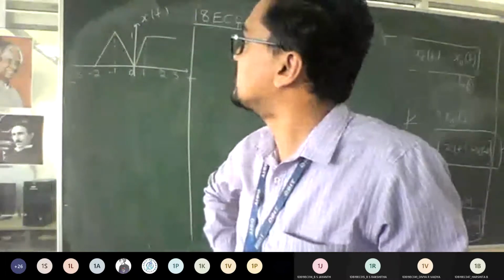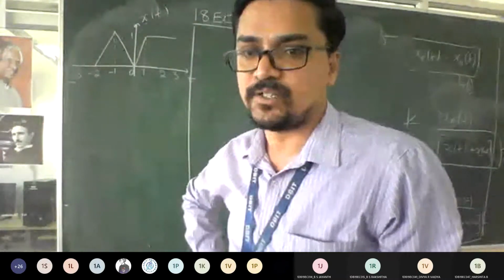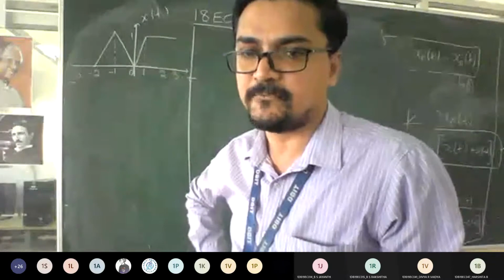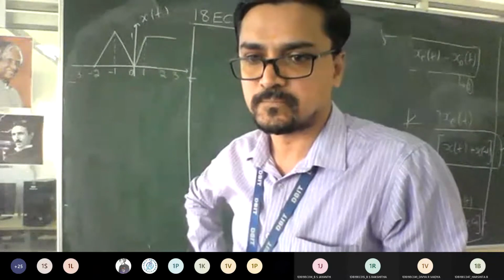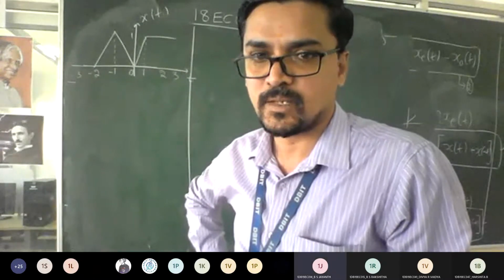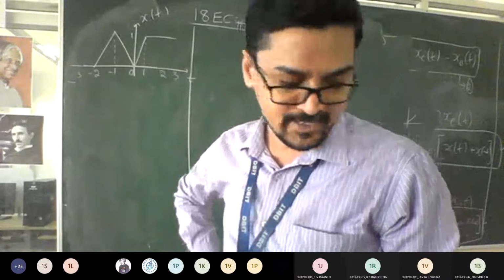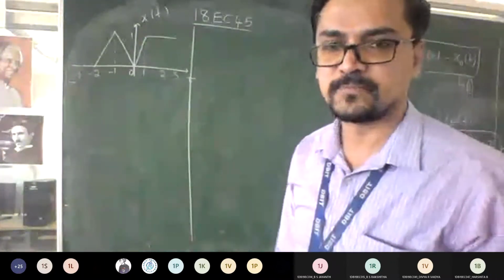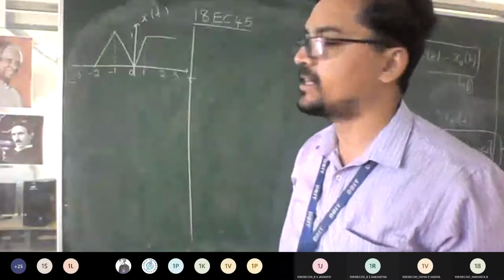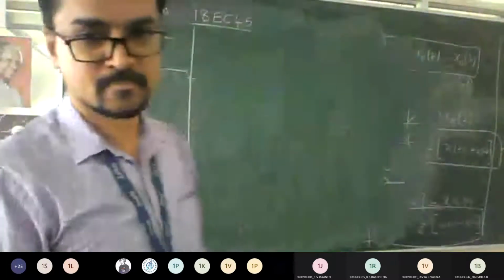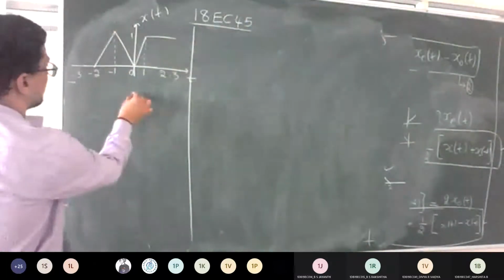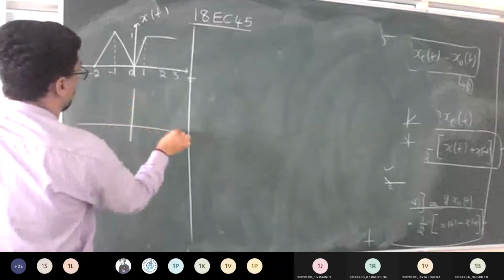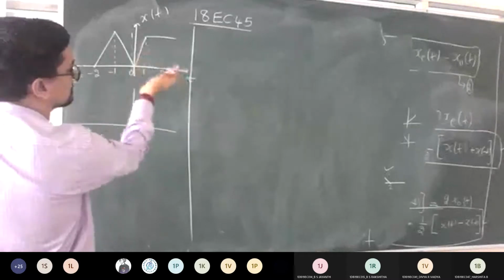So x of t is already given. For this, what should you plot? x of minus t. Good. I hope everyone plotted x of minus t at least. Have you done the replica of this? So x of minus t, how does it look, guys? Whatever was there goes this side, and this goes this side.